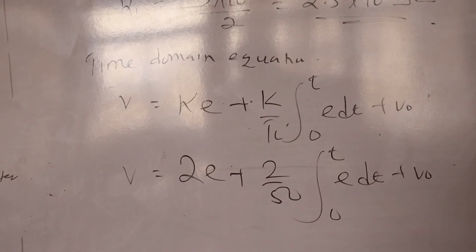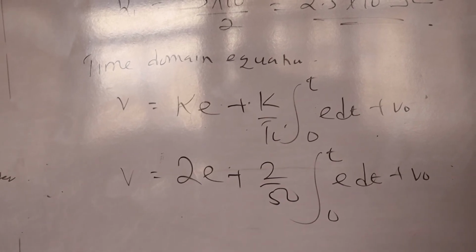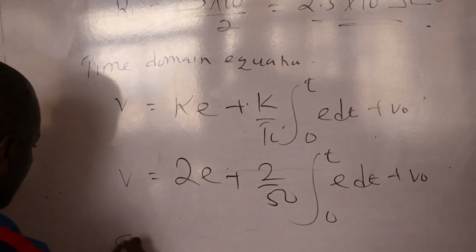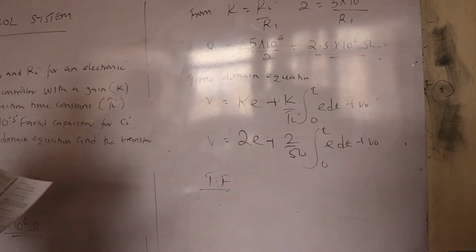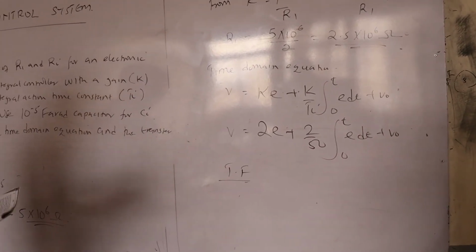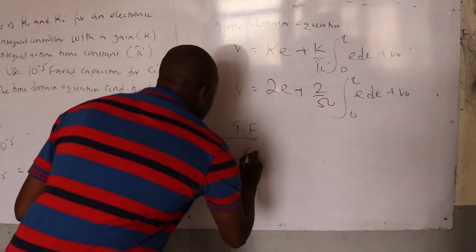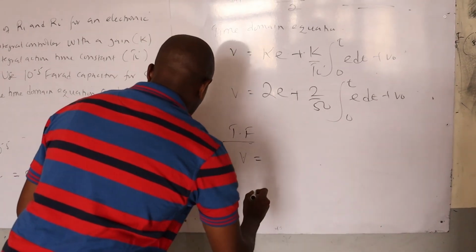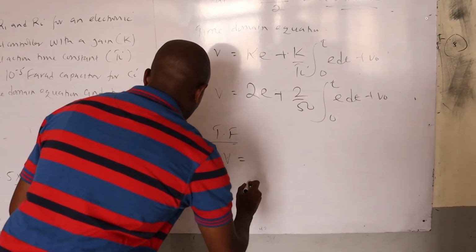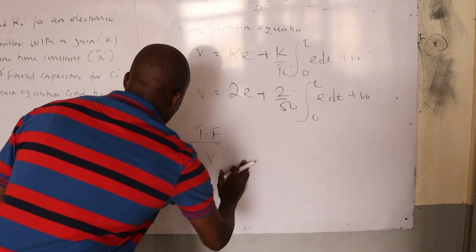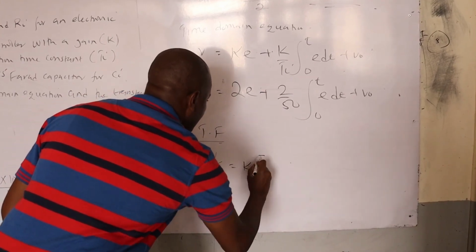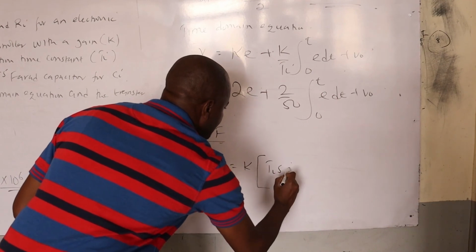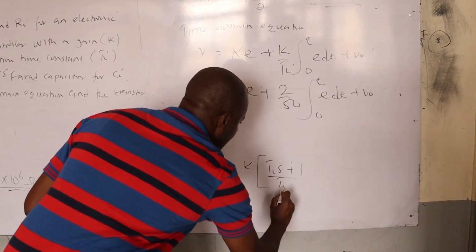The other question we've been asked is the transfer function. Again, there are some values that we will not have. Generally, the transfer function is v over e equals K times Tis plus 1 all over Tis.